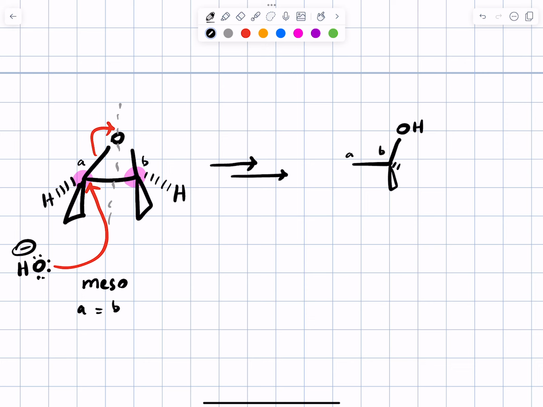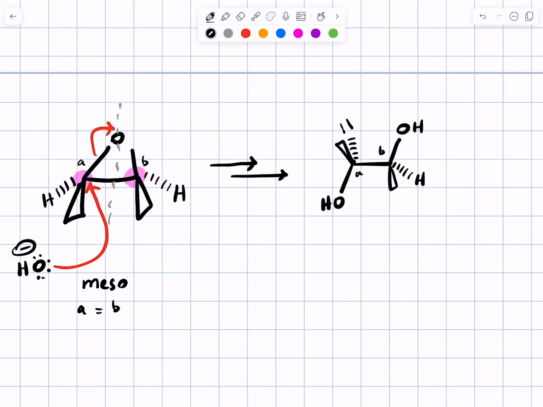Carbon B didn't get inversion of configuration because carbon B isn't the one that was attacked. The nucleophile came in from the backside, and so that OH group on carbon A came in opposite to where the leaving group was leaving. The methyl group, which was pointed towards the bottom of the page but coming out towards us, is now, this is how you show inversion of configuration, still coming out towards us but angled up towards the top of the page.